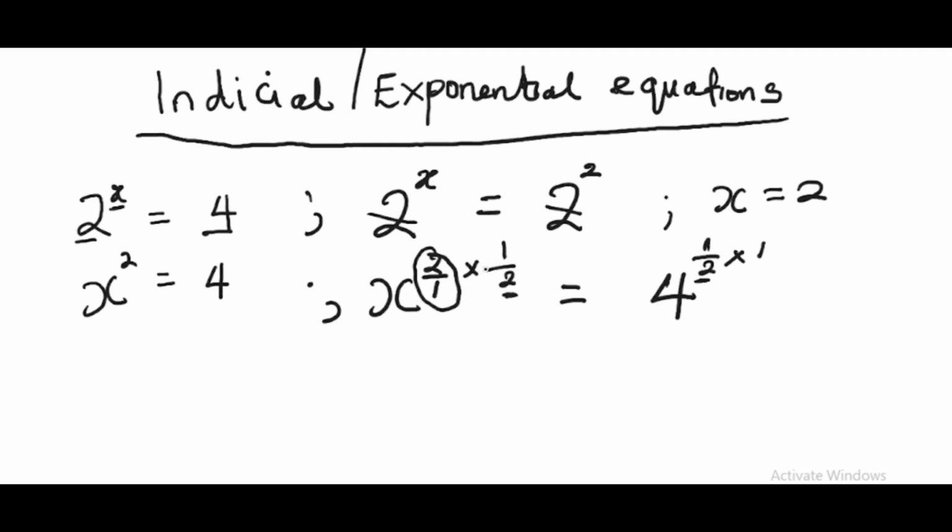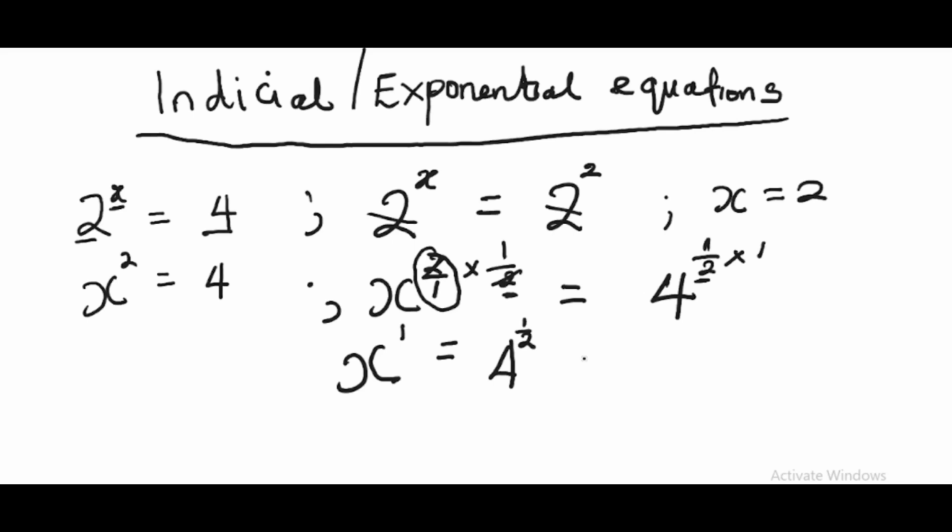Now what's the essence of multiplying by the multiplicative inverse? So that the power of x will become 1. We are looking for x and not x squared. So we have x raised to the power of 1 over 1, and 1 over 1 is 1. So this is x raised to the power 1 equal to 4 raised to the power of half.